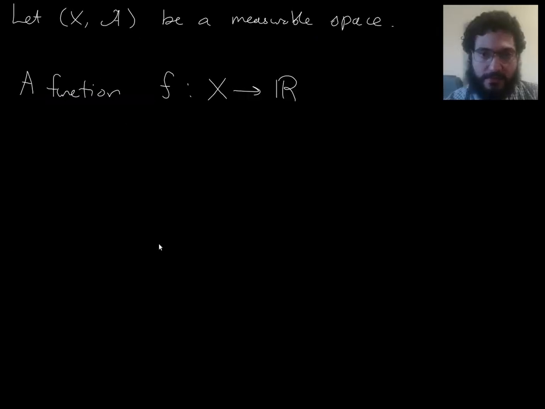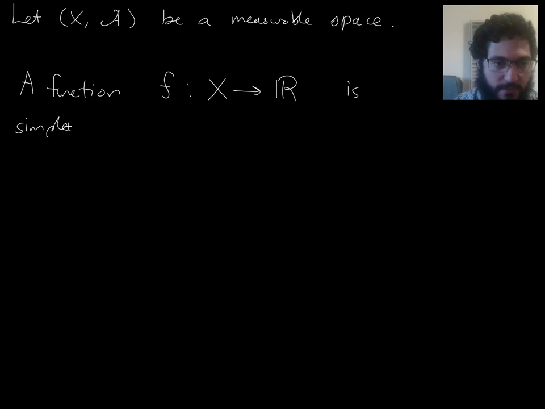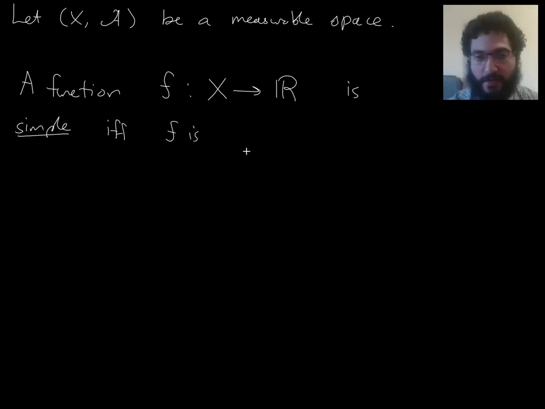So time for a definition. Let X be any measurable space, then we're going to say a function f from X to R is simple. We'll call it simple. So this is our official definition of the adjective simple. If and only if f is a measurable function and has finite range.